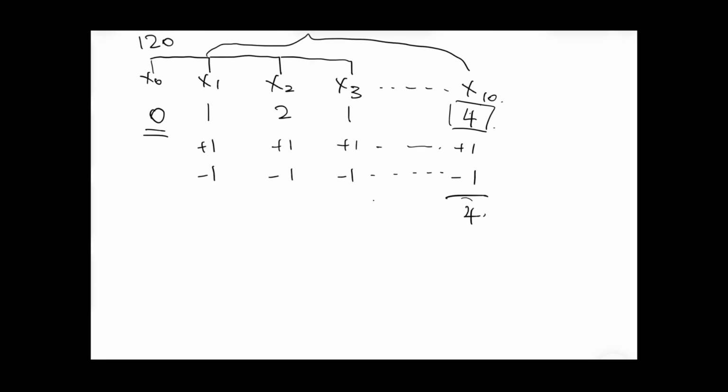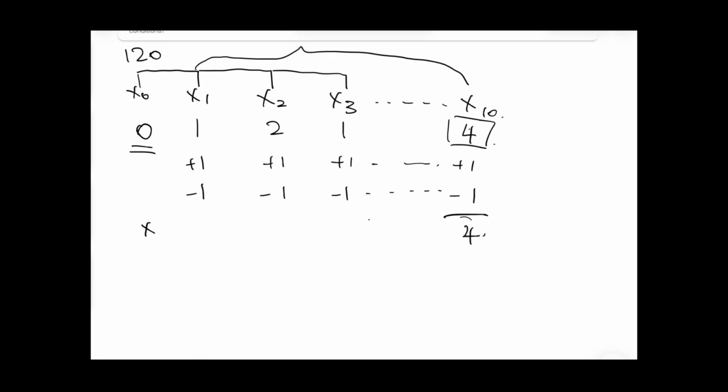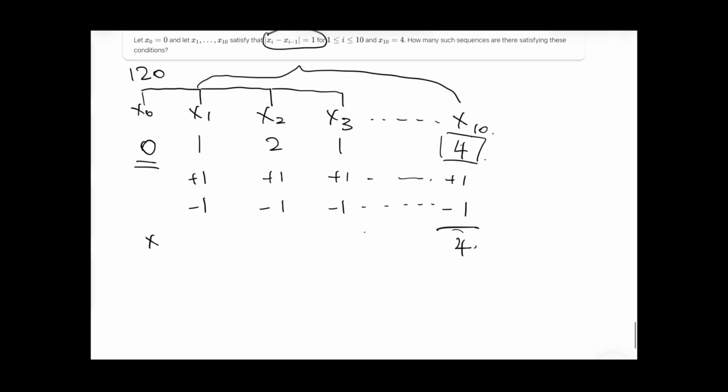Well, let's say we have x number of minus 1s. If our final sum is 4, then we have to have 4 more plus 1s than minus 1s. So our number of plus 1s would be x plus 4, and x plus (x plus 4) has to equal 10, because there are exactly 10 variables, x1 through x10.